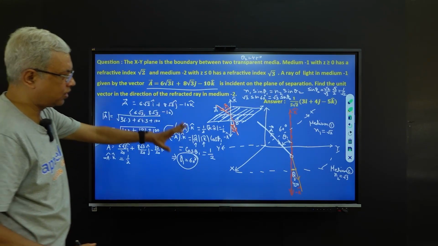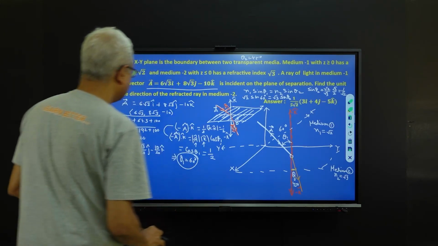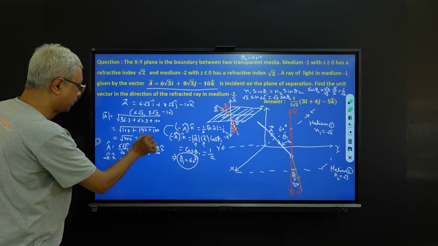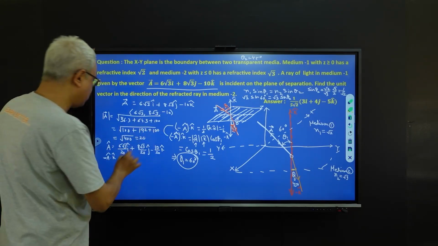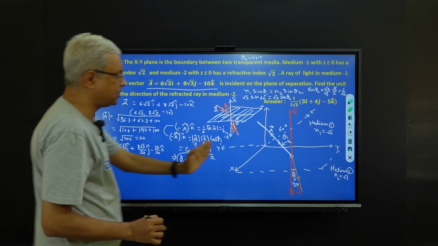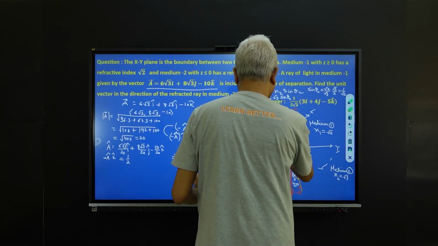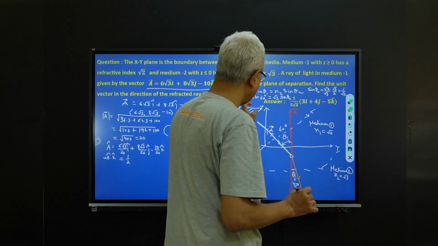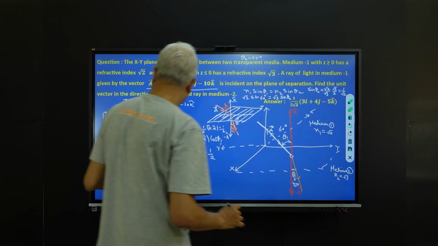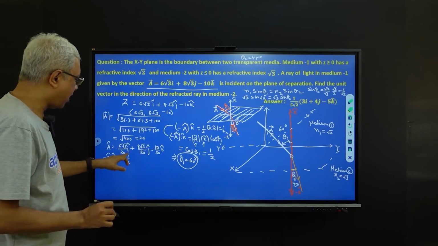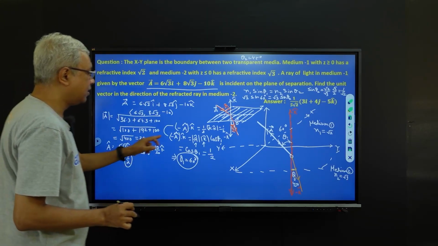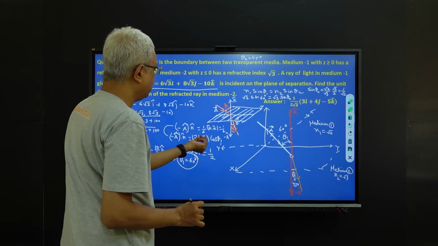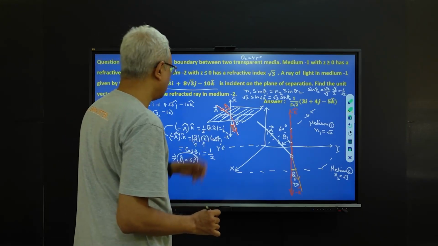Alright. So we have arrived up to this point. What we did: A vector is given, we computed A cap vector and found minus A cap dot k is half, because minus A cap is the unit vector in this direction, from the point of incidence. On the other hand, minus A cap dot k is the magnitude of minus A cap into magnitude of k cap into cos of theta 1.